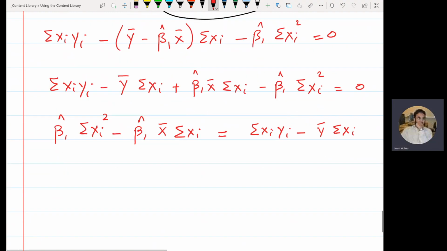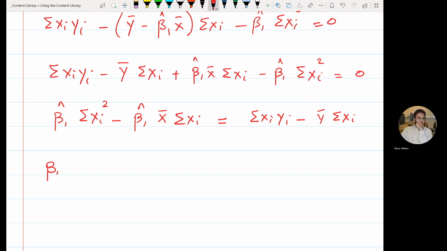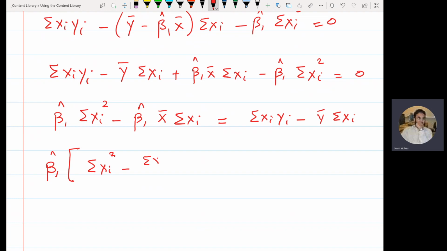Take beta 1 hat common from the left side. You have beta 1 hat summation of xi square minus, I will open x bar, it will be summation xi over n.